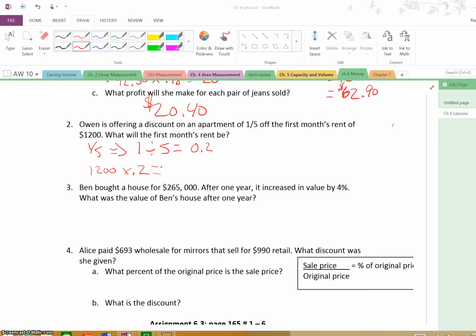It's 10,600. So his price has gone up by $10,600. So the new price is going to be the $265,000 plus the increase, which is going to be $275,600.